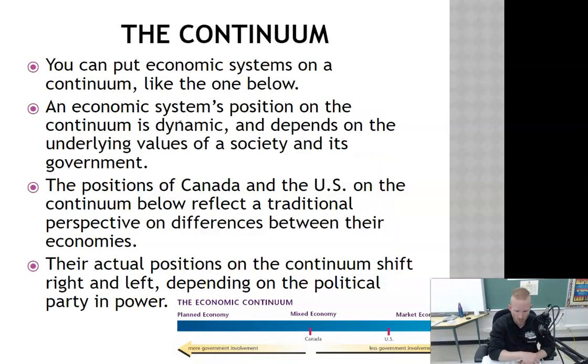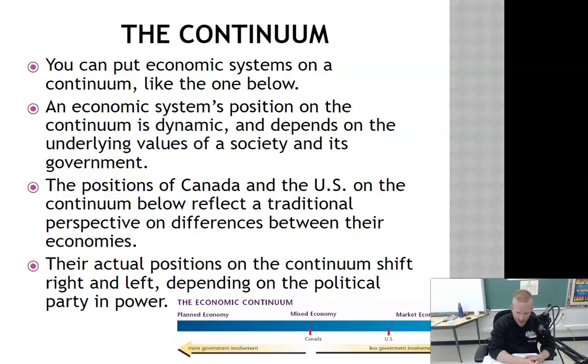Again, like the one below here that you're looking at, also on page 204, it shifts left and right. If you look right here on the continuum, basically a fancy word for a line, guys, you see mixed economy, Canada in the middle. If you shift to the right, which is more towards a market economy, it means less government involvement.